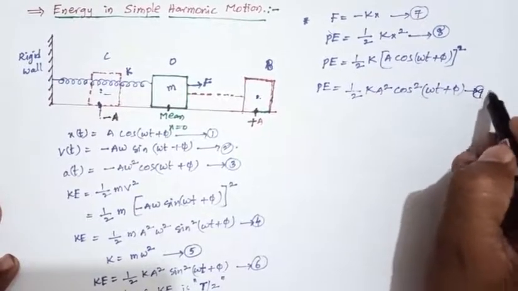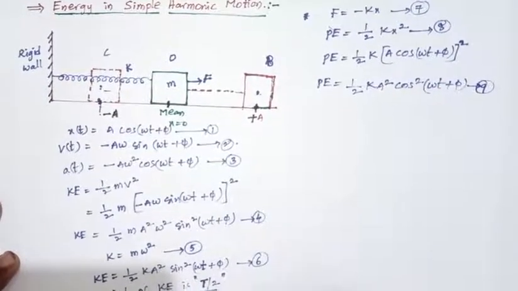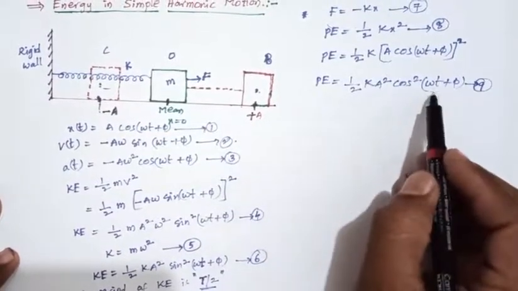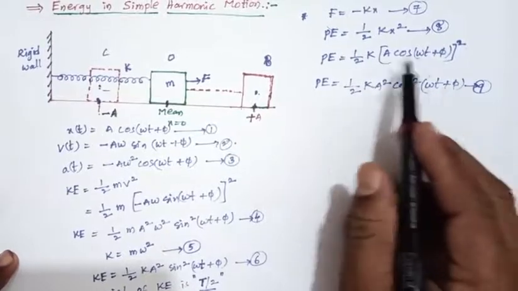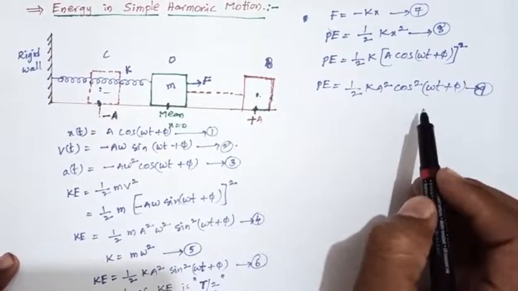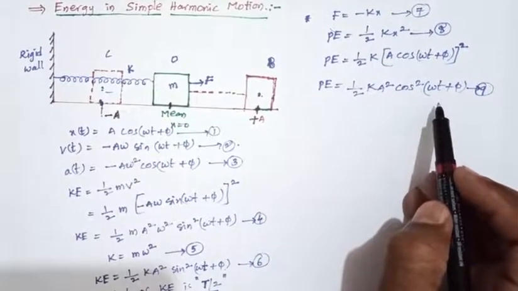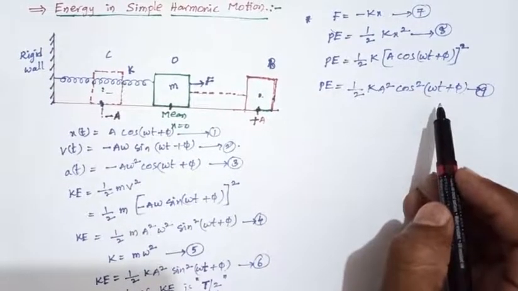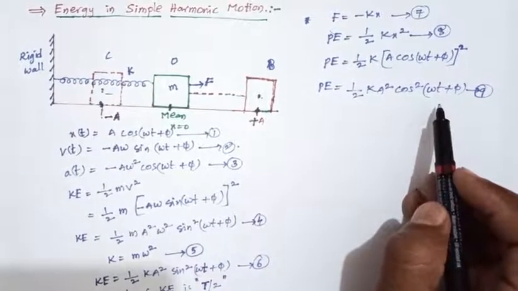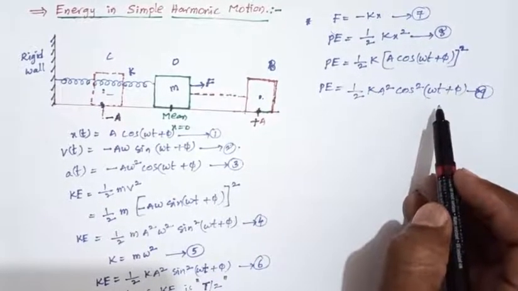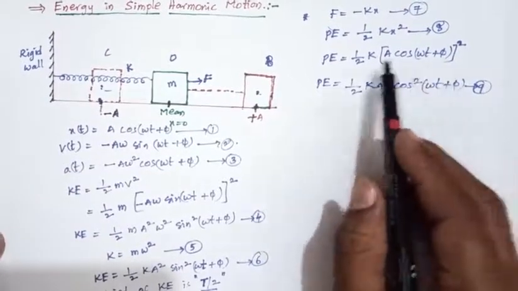This is equation number 9. In equation number 9, the potential energy is also a function of time. So the potential energy is also executing simple harmonic motion, a periodic function of time.